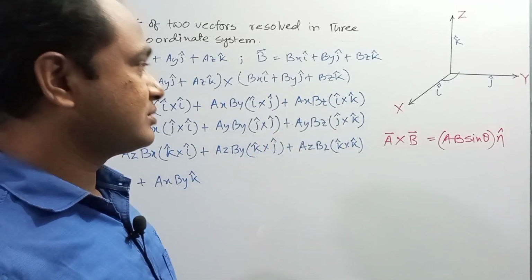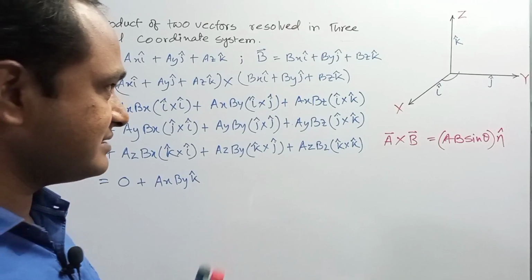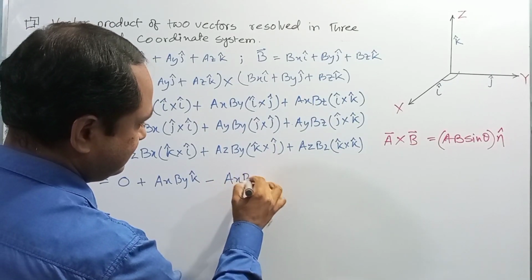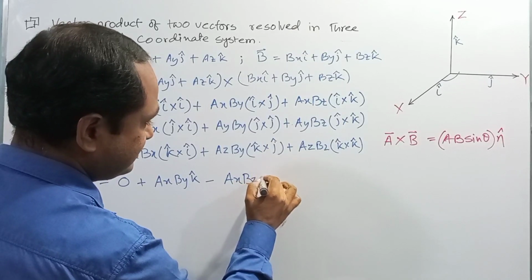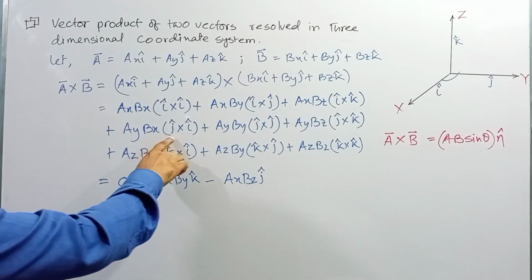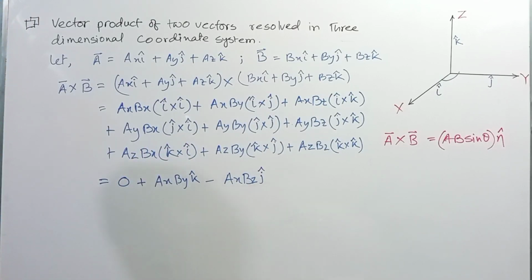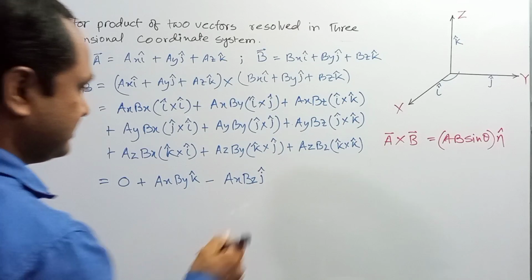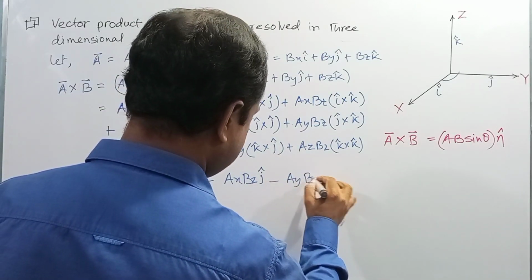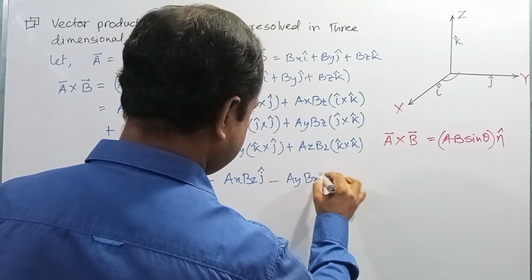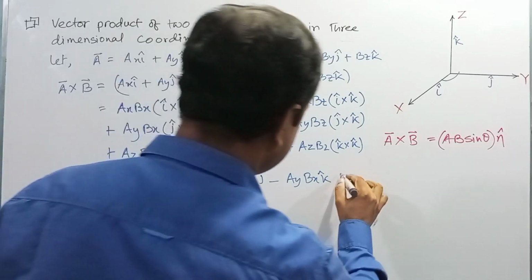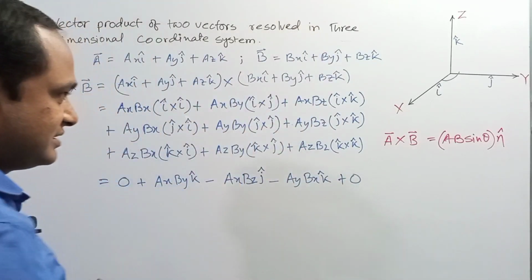Similarly i cross k will give minus j, so we get minus ax bz into j. You know j cross i will give minus k, so minus ay bx k, and j cross j will be 0, so this term will be 0.